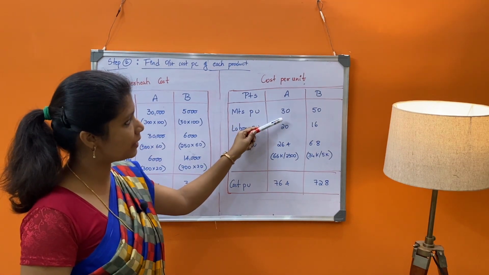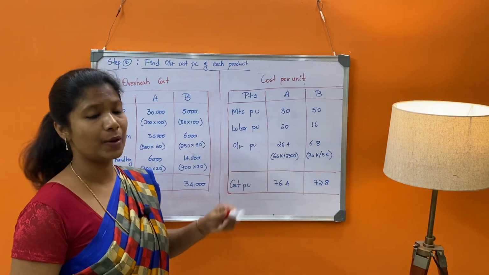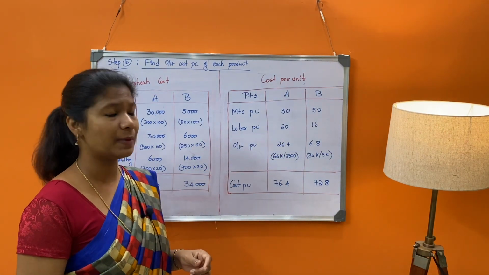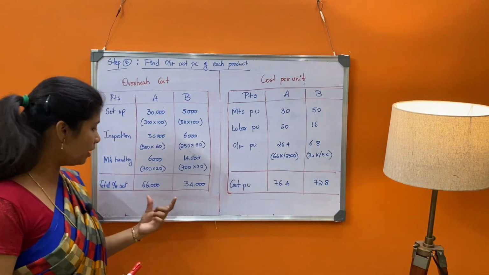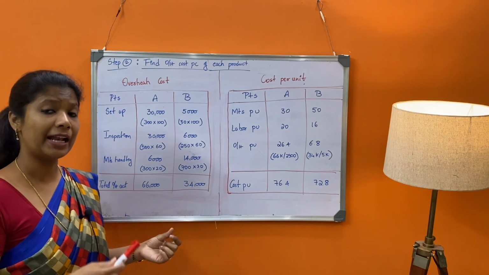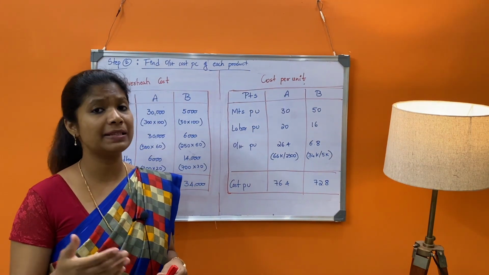That is 30 rupees for A and 50 rupees for B. Labor cost 20 rupees for A and 16 rupees for B. Overhead costs per unit, how do I find out? I know the total cost and I also know how many units A produced and how many units B produced.